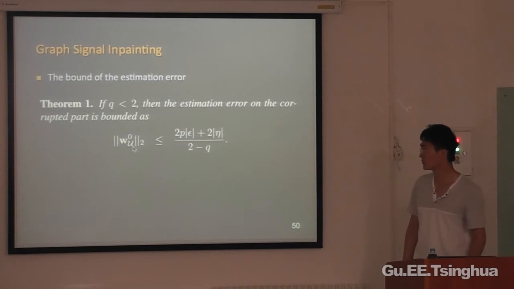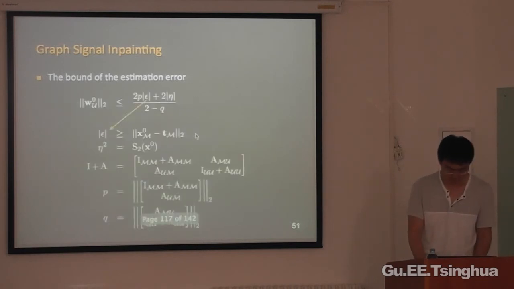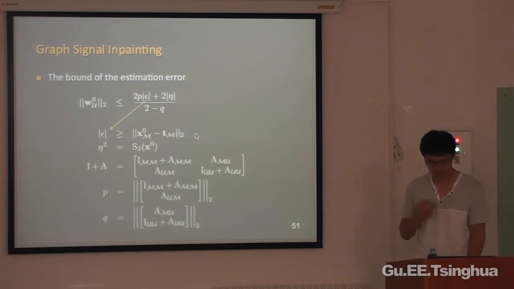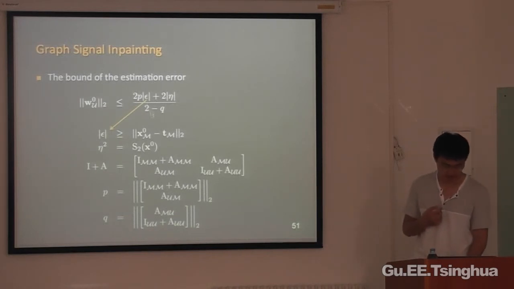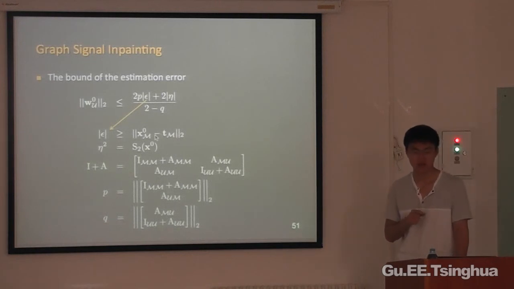So on the unmeasured part, the difference between the true graph signal and our estimate is bounded by this guy. And let's look at this a little bit. So this epsilon is the upper bound of the difference, on the measured part, between the true graph signal and the measurement.